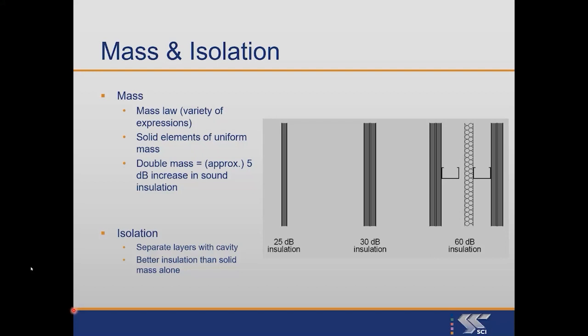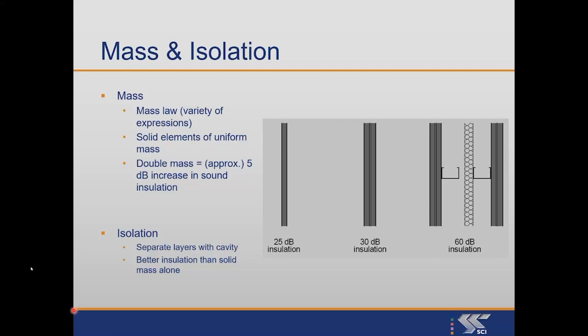And then if we doubled that up to 4 layers of plasterboard, all next to each other with no gaps, we might expect to get about 35 decibels of sound insulation. That case isn't shown on the slide.